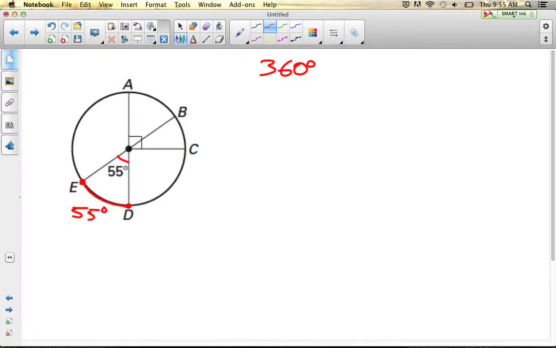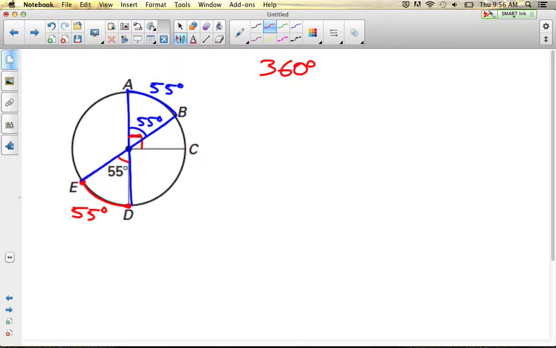It looks like this angle over here is 90 degrees, but I want you to pay attention to something very close. If I take a look at that chord and this chord, we have vertical angles. So if this is 55, this should also be 55 degrees, which means this arc is 55 degrees. So far we have two arcs. And again, we know that this whole arc right here is 90.